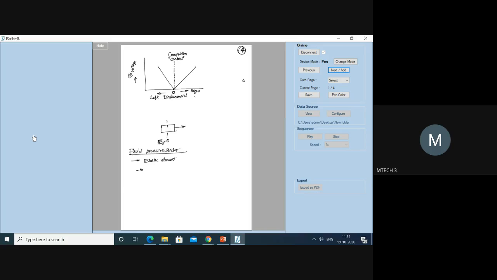I'll just list down: diaphragm, bellows, capsules, Bourdon tube.